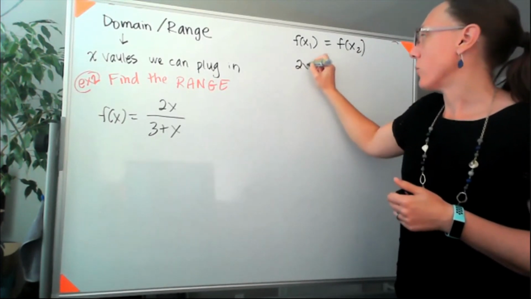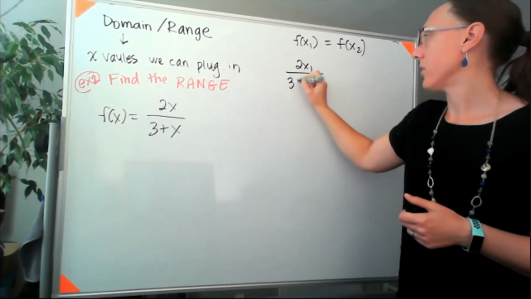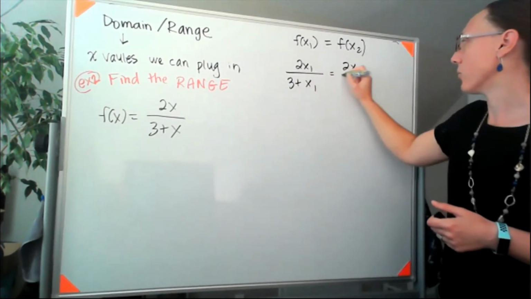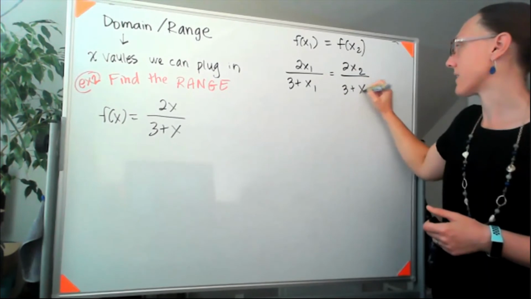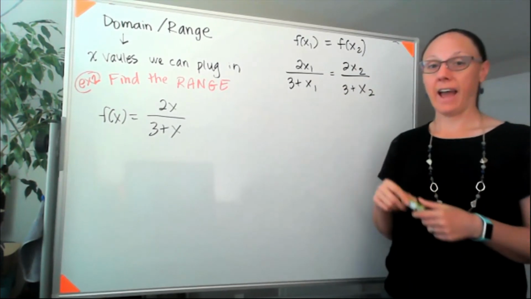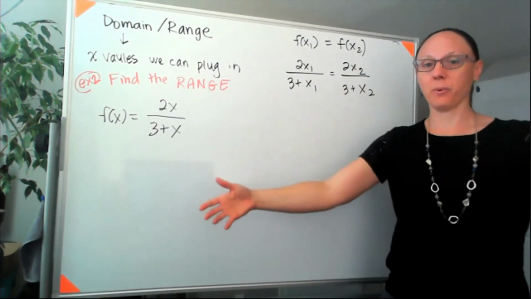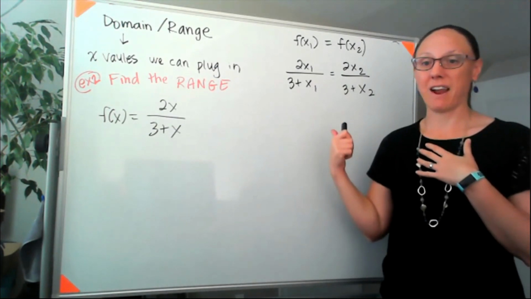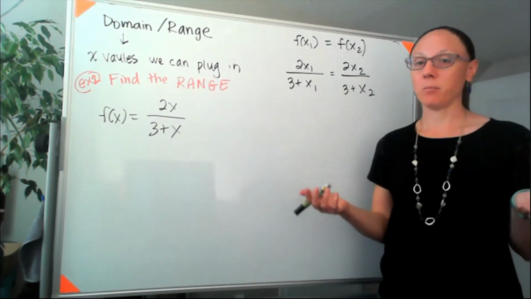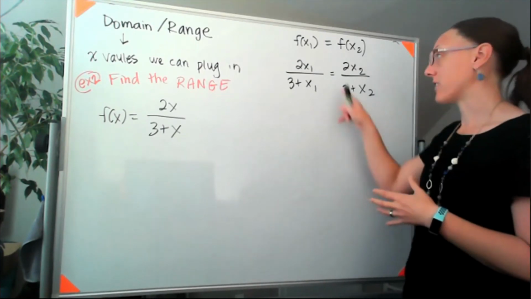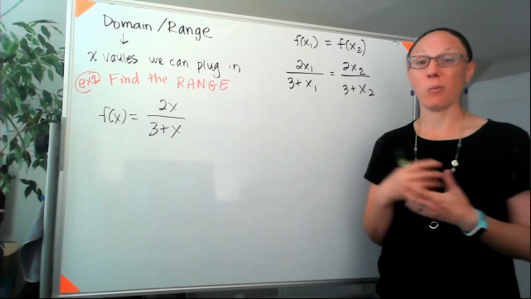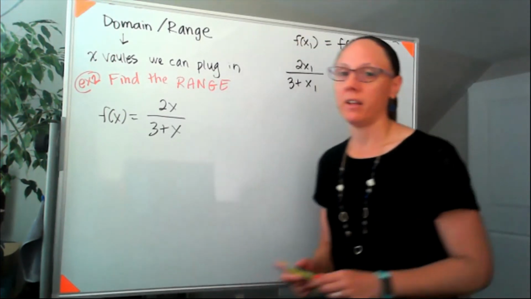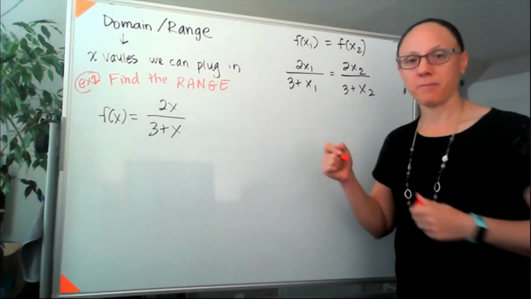I'm looking at 2x1 over 3 plus x1 is equal to 2x2 over 3 plus x2. That looks terrible. But if I'm going to solve this thing, personally, when I see fractions and I have an equal sign, I'm thinking about what I can multiply the entire expression by to get rid of those fractions.